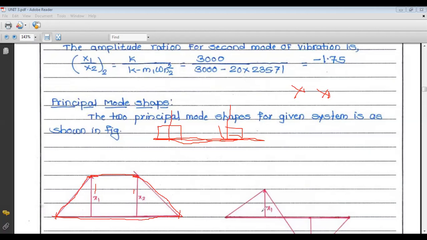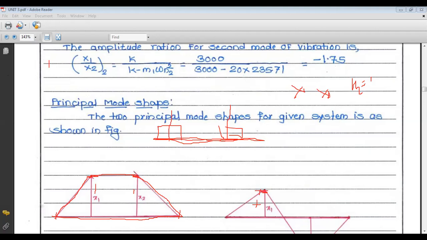Now for the second mode shape, the value of x2 is taken as 1, so the value of x1 is minus 1.75. So I will take the value of x1 as positive 1 unit, and the value of x2 becomes 1 upon minus 1.75.